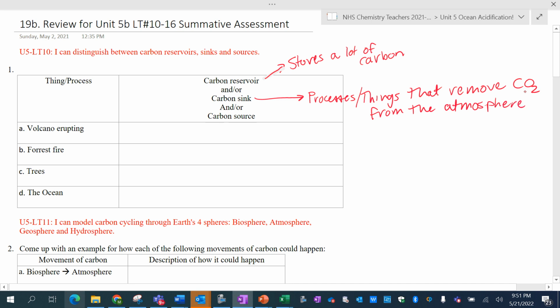And last but not least, a carbon source is a process or thing that adds CO2 to the atmosphere.